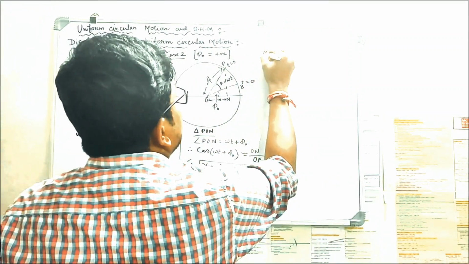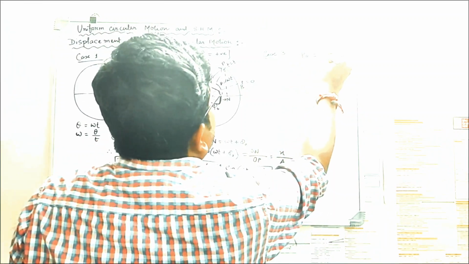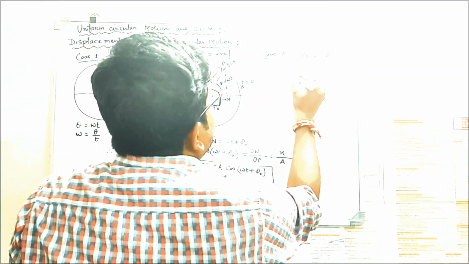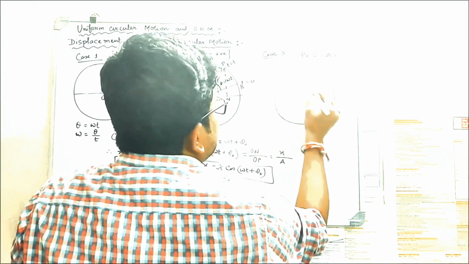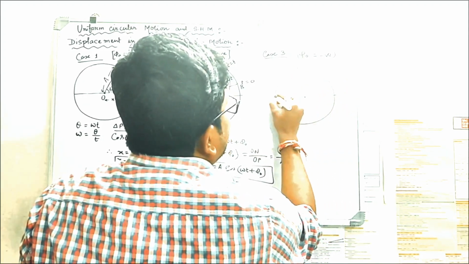And case number 3 is when phi naught is negative, that means the particle is already in delay, it is not in advance. Let us assume this is the center.